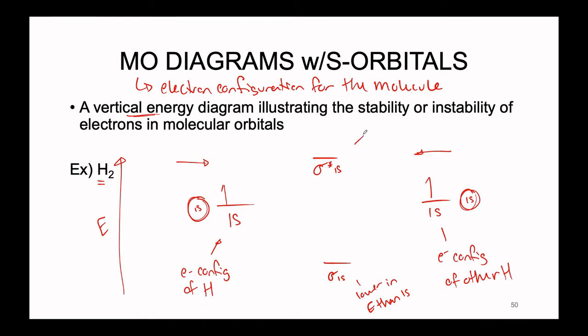The higher in energy sigma star means that this is higher in energy than the 1s orbitals that it was made from. So the 1s's are kind of like neutral, they're net zero. The sigma is down here, lower in energy than where it started, and the sigma star is up here, higher in energy than where the 1s's started.